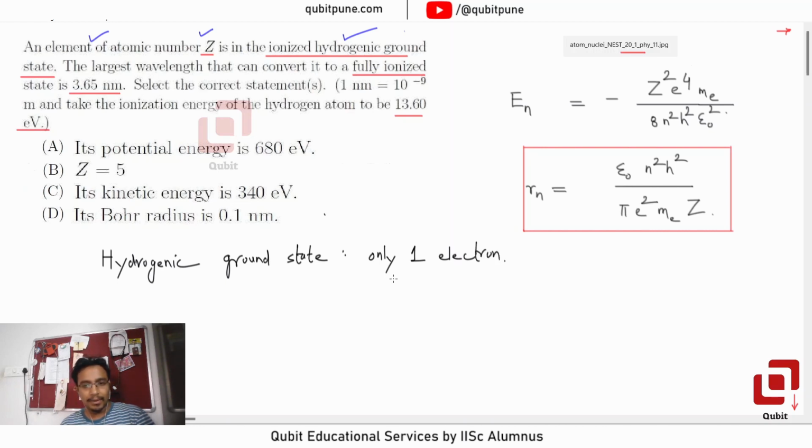When it comes to helium, how many electrons does helium have? 2 electrons. So He plus is hydrogenic state.